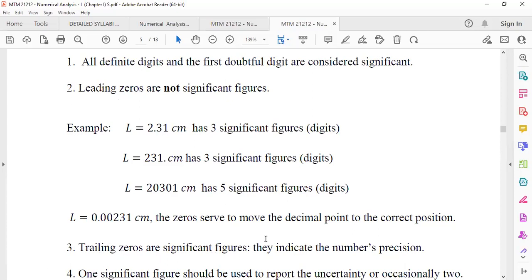So these are significant figures. So all definite digits are significant. Leading zero is not significant. Trailing zero is significant.